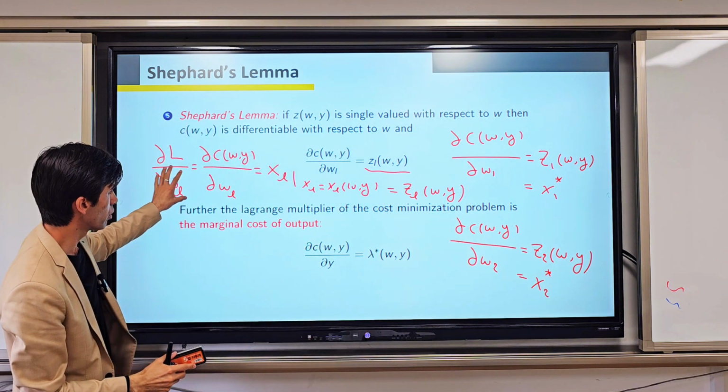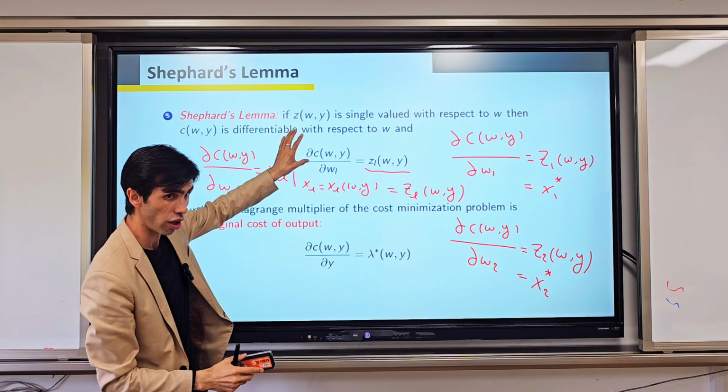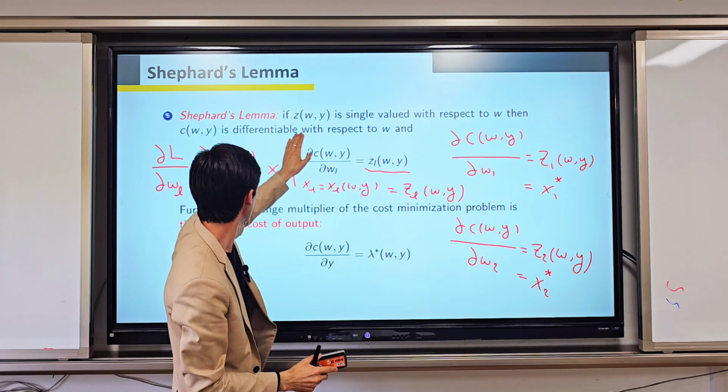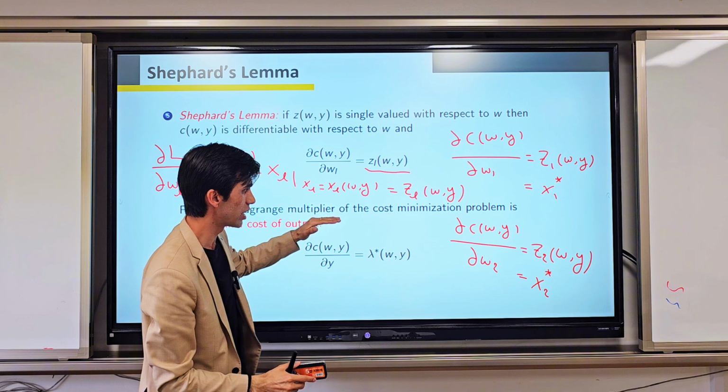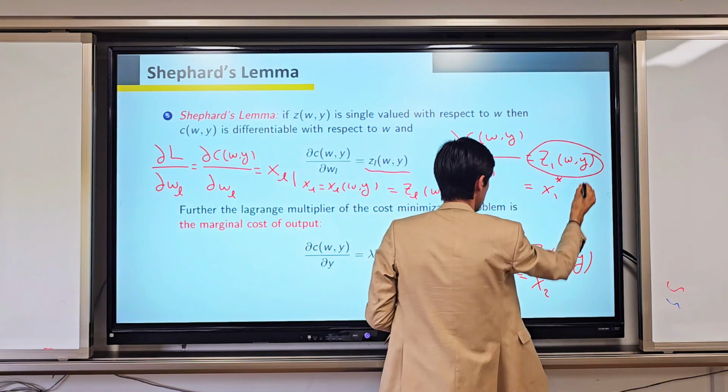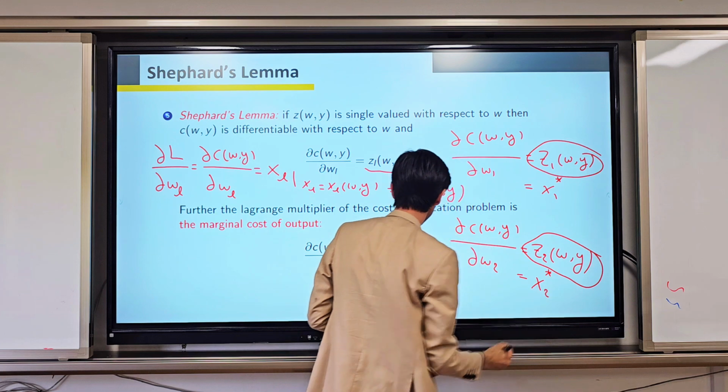So by using the envelope theorem, when we take the partial derivative of the cost function with respect to input price, it will give us the conditional demand function, which is this one and also this one.